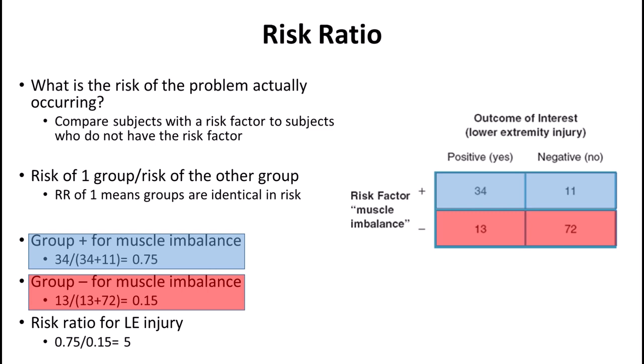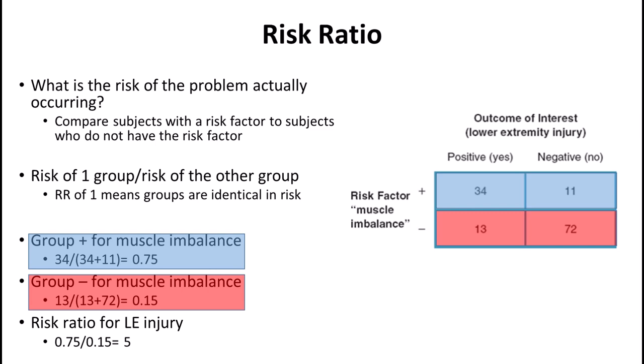Then you divide that by the risk for those who didn't have muscle imbalance but still had lower extremity injury, which would be 13 divided by 13 plus 72, equal to 0.15. So the risk ratio for lower extremity injury in this example would be 0.75 divided by 0.15, equal to 5. And a risk ratio of 1 means that the groups are identical in risk.